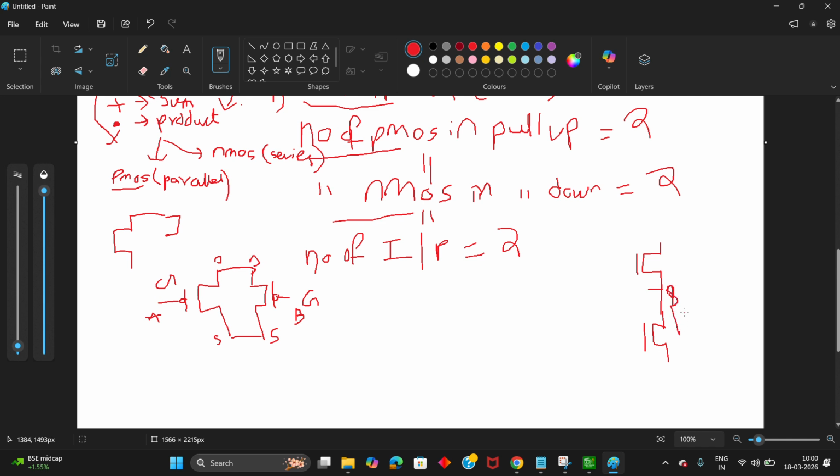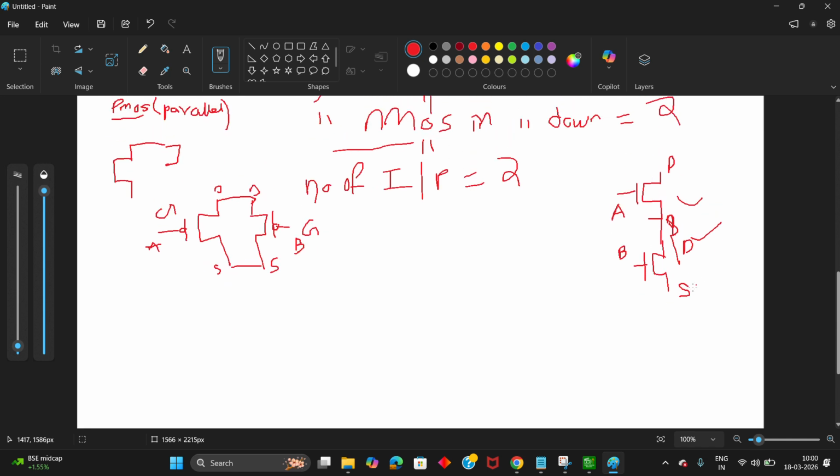This is source, this is drain, this is source, and then this is drain. You connect the source terminal of one transistor to the drain terminal of the other, and then it has a series connection. For the gate terminals, you give both inputs: input A to one gate terminal, and input B to the other.